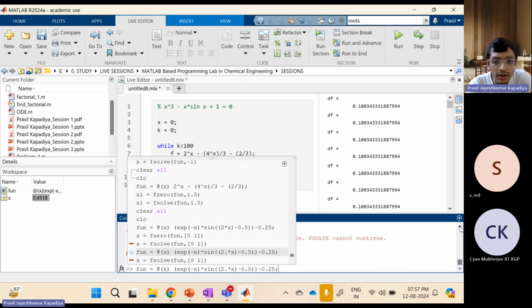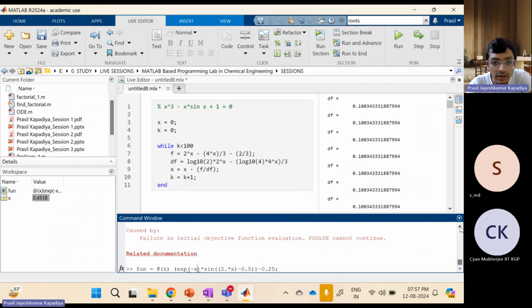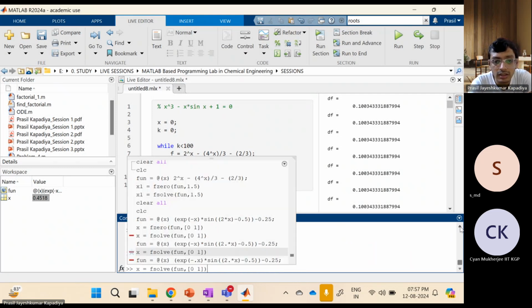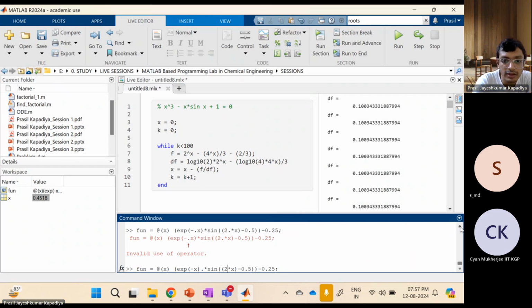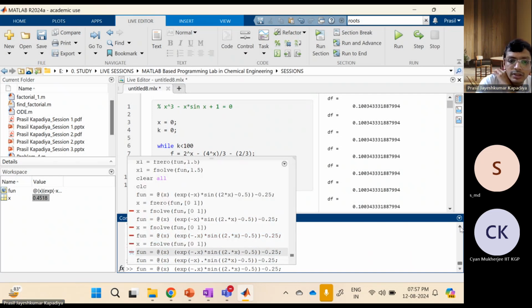Yeah, here also we must have this dot sign. Yeah, it should be here. Now it should work.